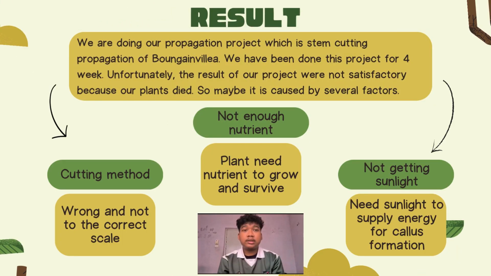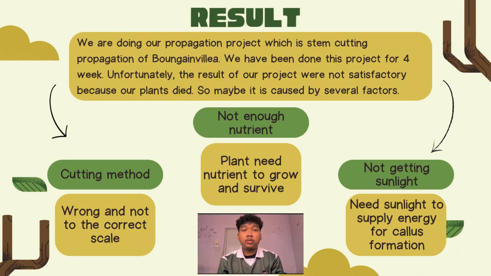So next is the result. We did our propagation project, which is a stem cutting propagation of Bougainvillea. We carried out this project for 4 weeks. Unfortunately, the result of our project was not satisfactory because our plant died.